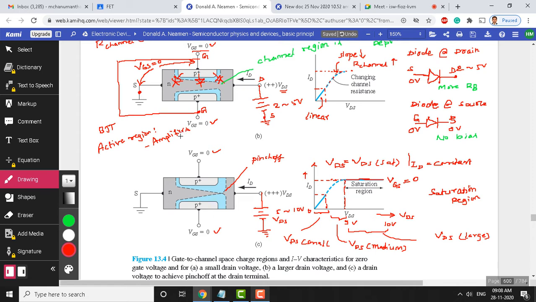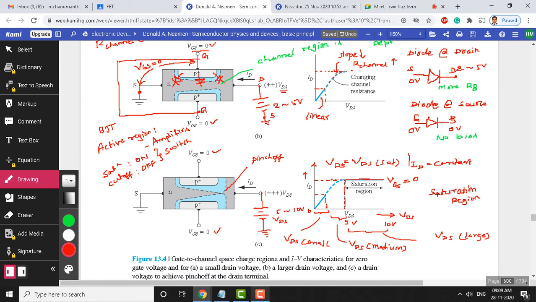We can use BJT as an amplifier, but in the saturation region BJT will act like an on switch, and in the cutoff region BJT will act like an off switch. So these are the switch applications of BJT. Now it is a little different in FET.